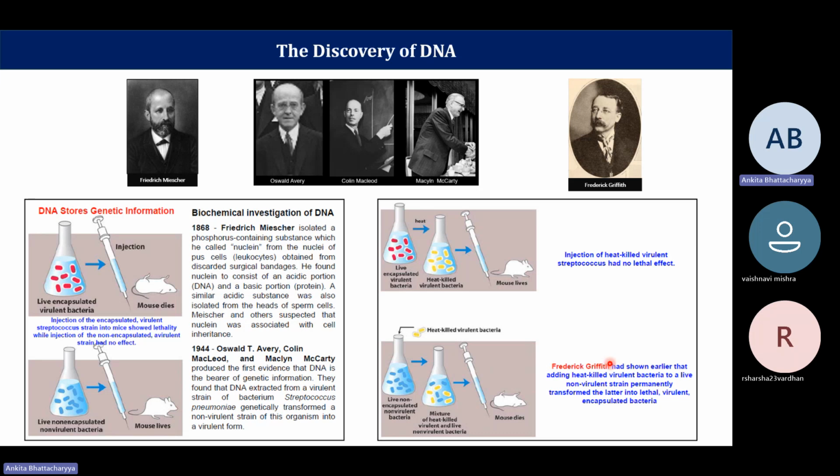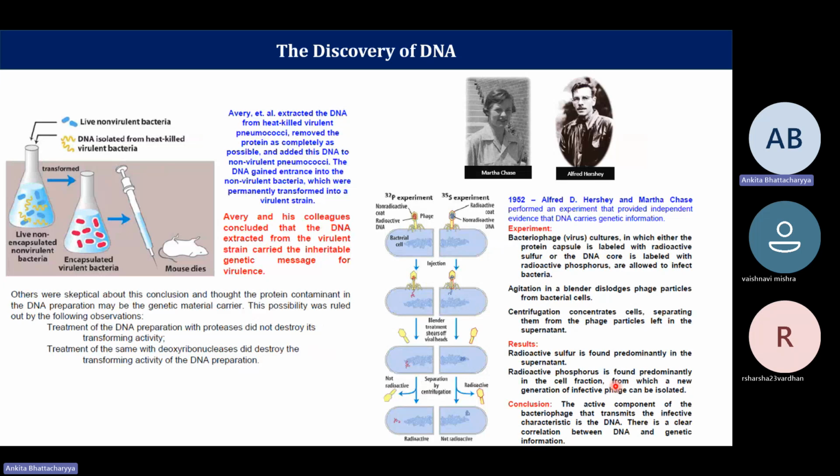This was confirmed also by Frederick Griffith, and this was further confirmed by Avery and his colleagues by the completion of this experiment. Additionally, the Hershey-Chase experiment showed that the radioactivity of a particular virus is carried forward into the cells via the genetic material and not via proteins.